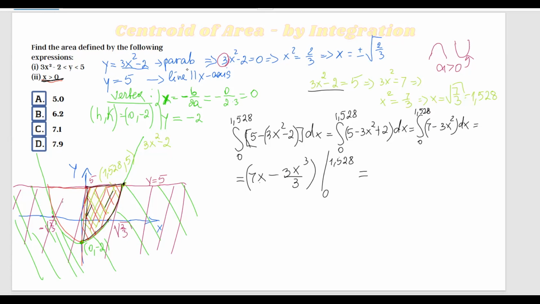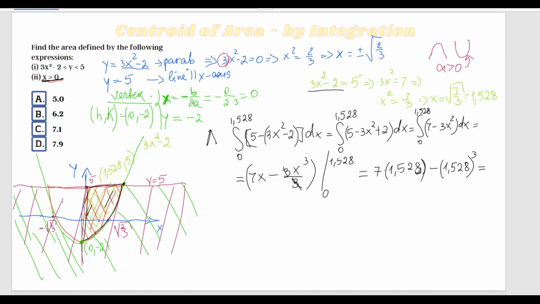So we have F of B, which is 7 multiplied by 1.528 minus, the 3 and 3 go away, so x cubed, 1.528 cubed.